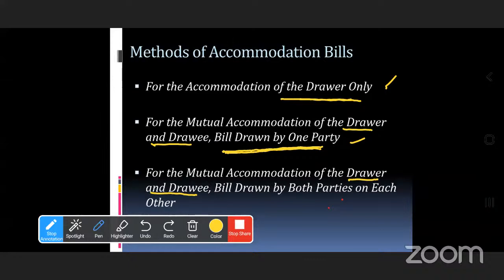This is one more method of utilizing the bills by drawing bills on one another, and they'll be getting the bills discounted from their individual bankers or investors. The discounting charges and the bill proceeds are shared to the agreed extent.